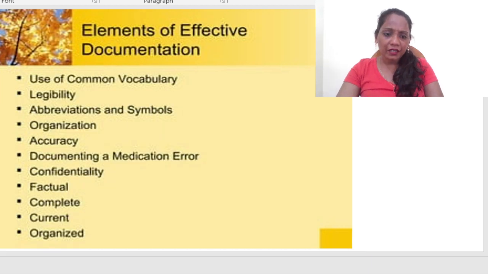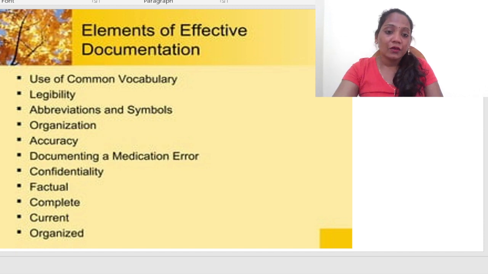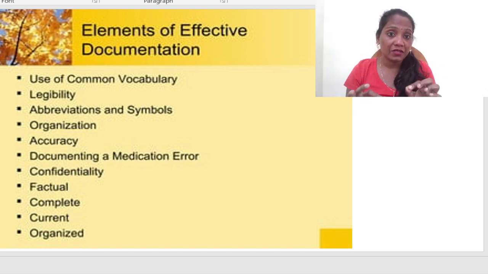The very important point in this topic I would like to discuss is, when you document anything, what are the principles you have to follow when writing anything in the patient record? Because, as I already mentioned, it can be used as a legal document also in case of any criminal offenses or in case of any claims.